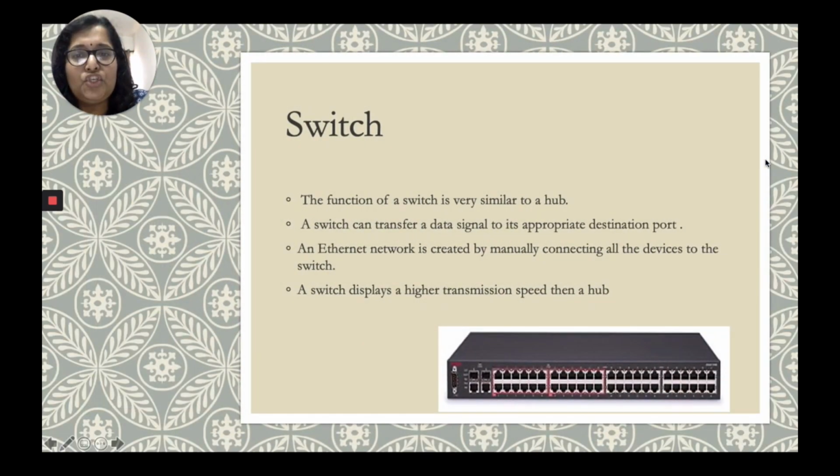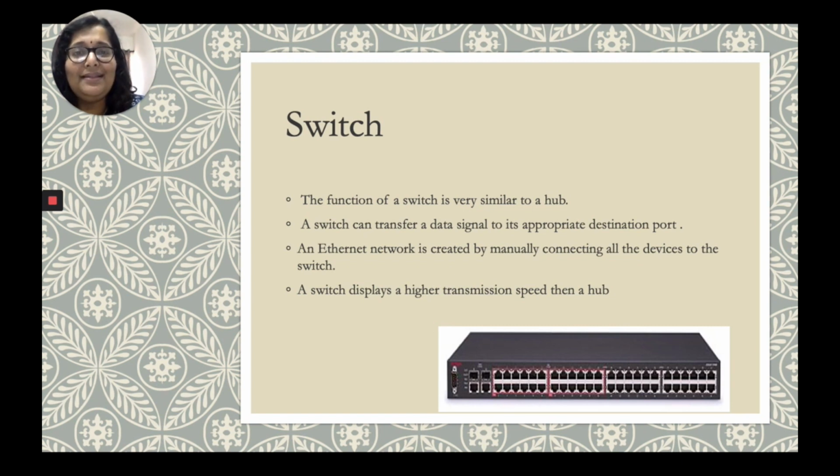A switch. The function of a switch is very similar to a hub. A switch can transfer a data signal to its appropriate destination port. Can you see the picture here? There are a lot of ports here. It is used to direct the signal to the correct port. An Ethernet network is created by manually connecting all the devices to the switch.